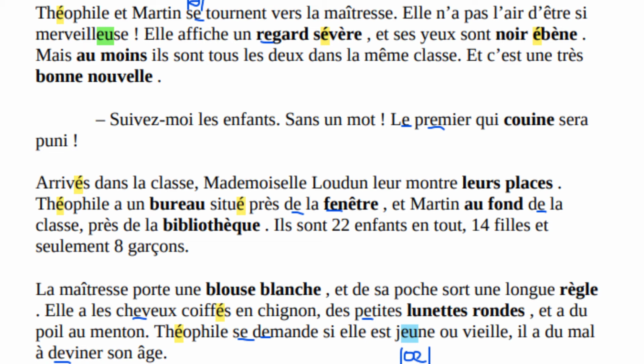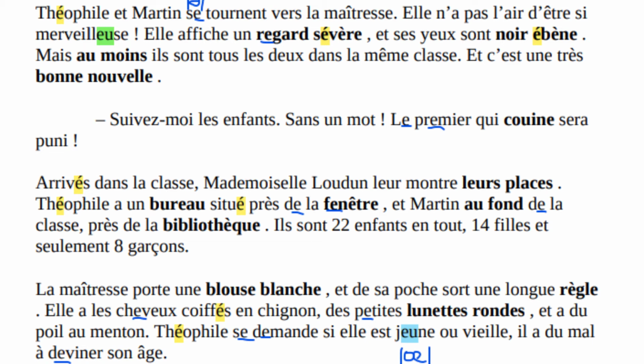F plus E, fenêtre. Et Martin au fond de la classe, près de la bibliothèque. Ils sont 22 enfants en tout, 14 filles et seulement 8 garçons. La maîtresse porte une blouse blanche et D plus E there, can we hear the deux?